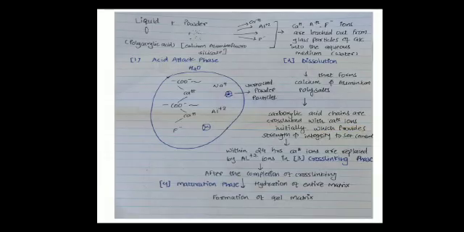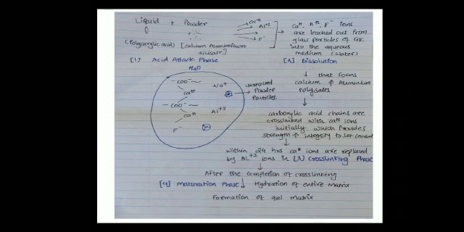Here we can see first the liquid, which is an acid, and when it is mixed with the powder, this is the acid attack phase, and in this phase various ions are leached out from the powder or glass particles into the aqueous medium, water.